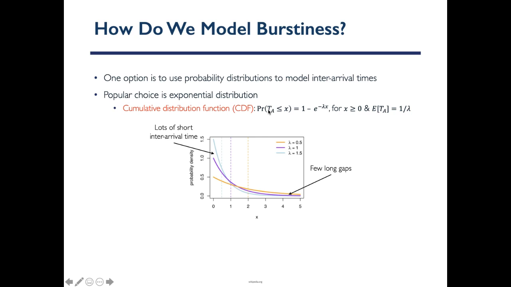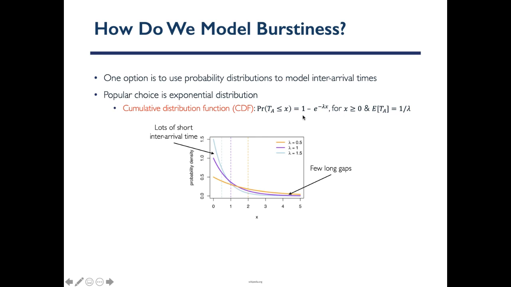TA was the inter-arrival time between two consecutive requests. So the probability that that time, which is now a random variable, is less than x, if you have an exponential distribution, would be 1 minus e^(-λx). So this, for any x more than 0, is defined.